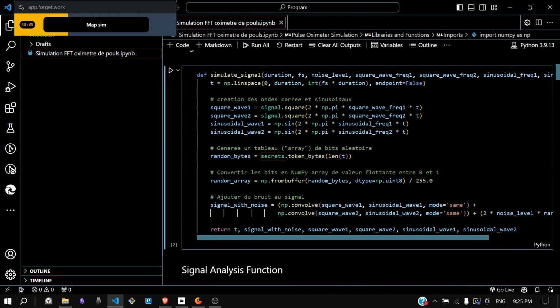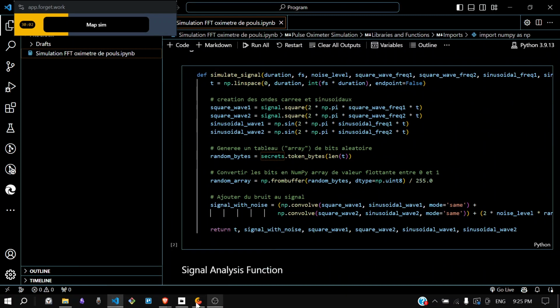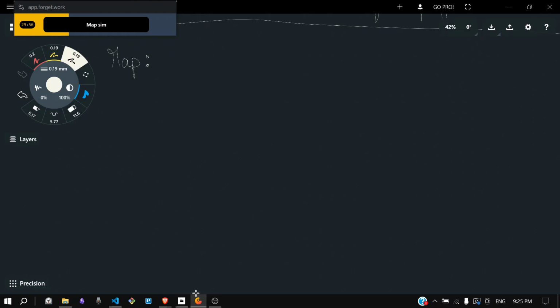We have the signal simulation, and the prepare functions.